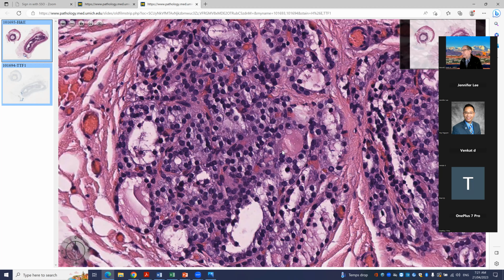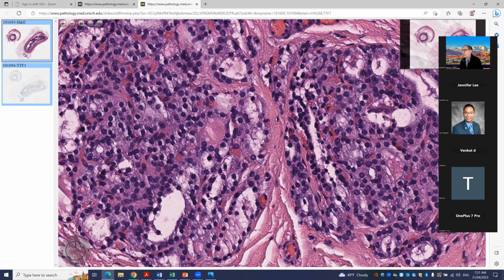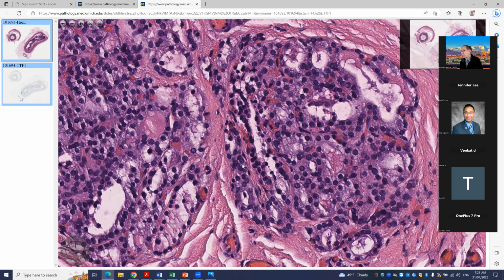So one question is, could these be mesonephric remnants? I think that's an interesting thought. I think the appendix would be a very unusual site for mesonephric vestigial remnants. Usually that's not the tract where the mesonephric remnants would occur, but they could have been displaced embryologically.